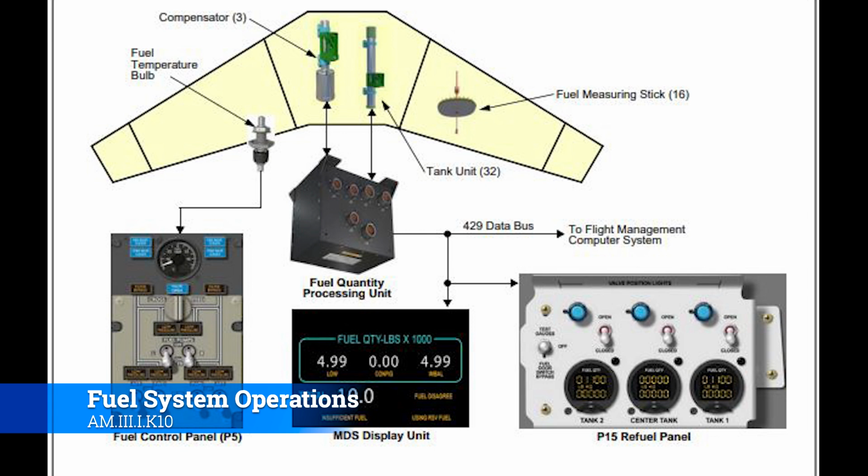It's going to then feed to the FQIS unit. That fuel quantity processing unit is going to do all the math it needs to do, and then it's going to have an ARINC 429 data bus that goes to the flight management computer. It's going to say, hey, look, this is how much fuel I know that I have, and I'm going to push this information out on a uniform system.